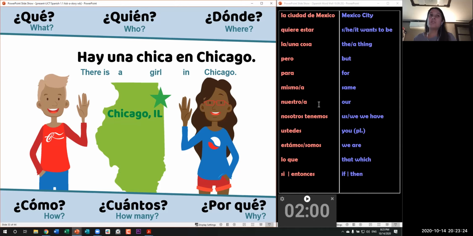Perfecta. Sí. George es el chico número 1 y George tiene un problema porque George quiere una Coca-Cola pero no tiene una Coca-Cola. Así que George va a Chicago.